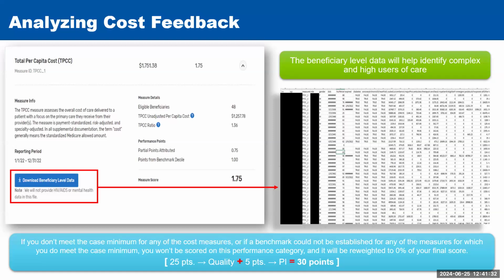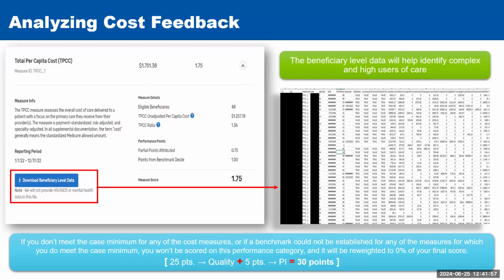If you don't meet case minimum for any of those cost measures, or if a benchmark isn't established, then you're not scored on that in this performance category. If for some reason you are not scored on cost, then that 30% or 30 points of that final cost score gets redistributed between quality and promoting interoperability.